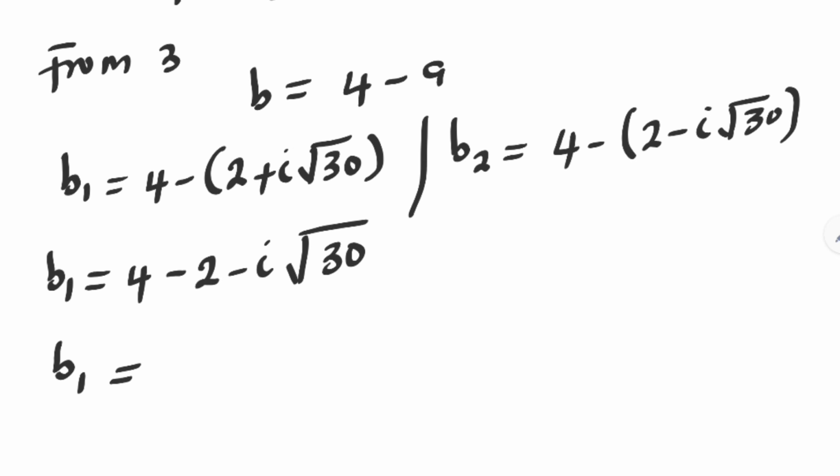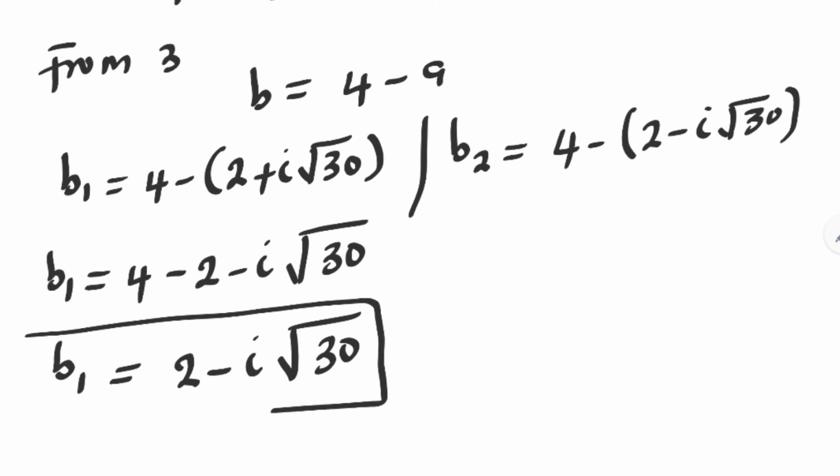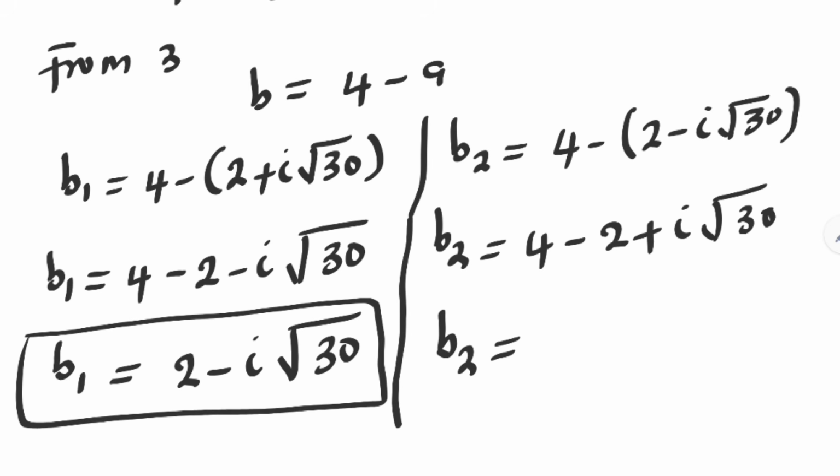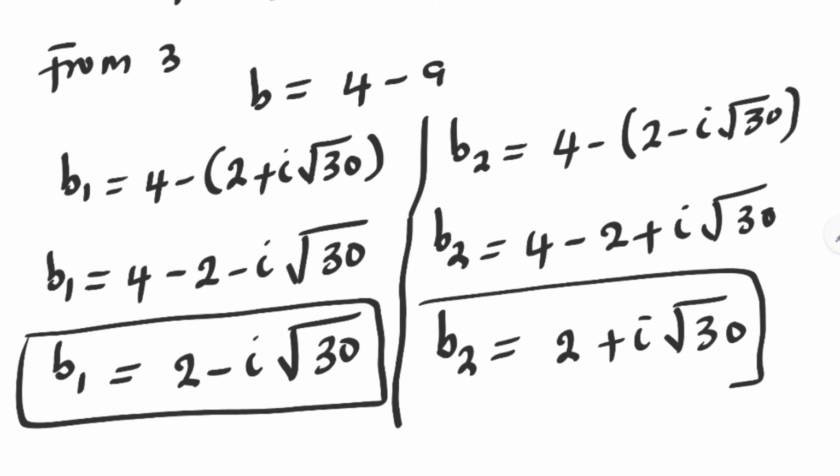B1 is equal to 4 minus 2. This is 2 minus I square root of 30. Here is the value of B1. Then B2 is equal to 4 minus, if you open the bracket with negative, we have 2 plus I square root of 30. B2 is equal to 4 minus 2. This is 2 plus I square root of 30. Here is the value of B2.